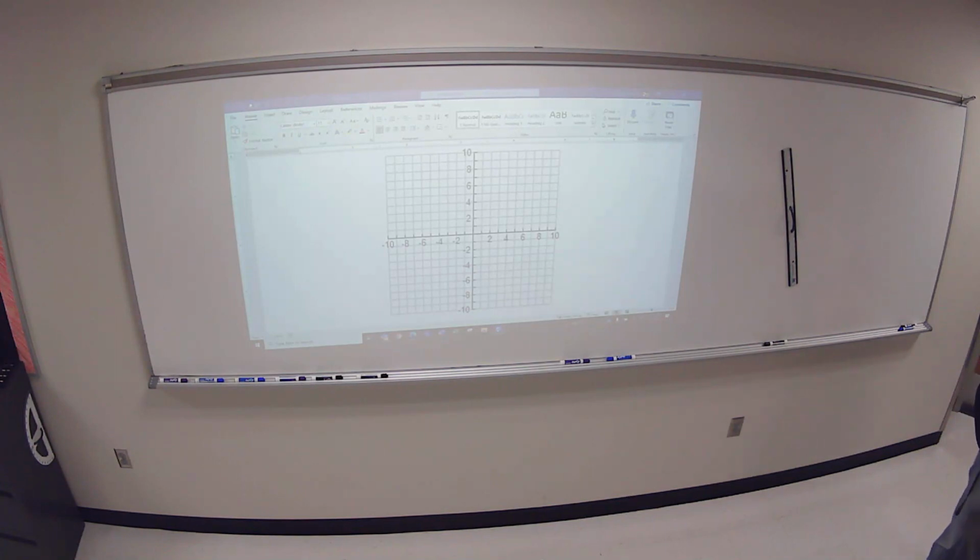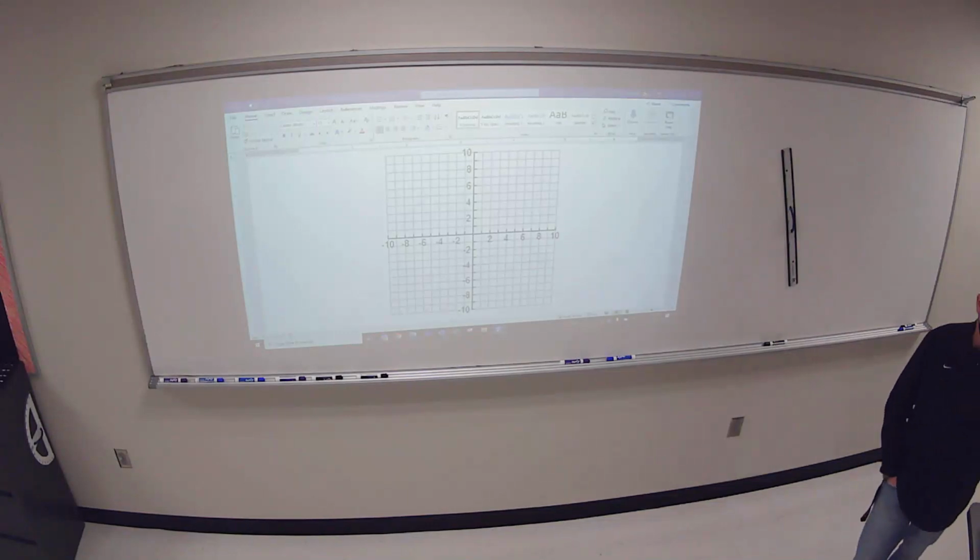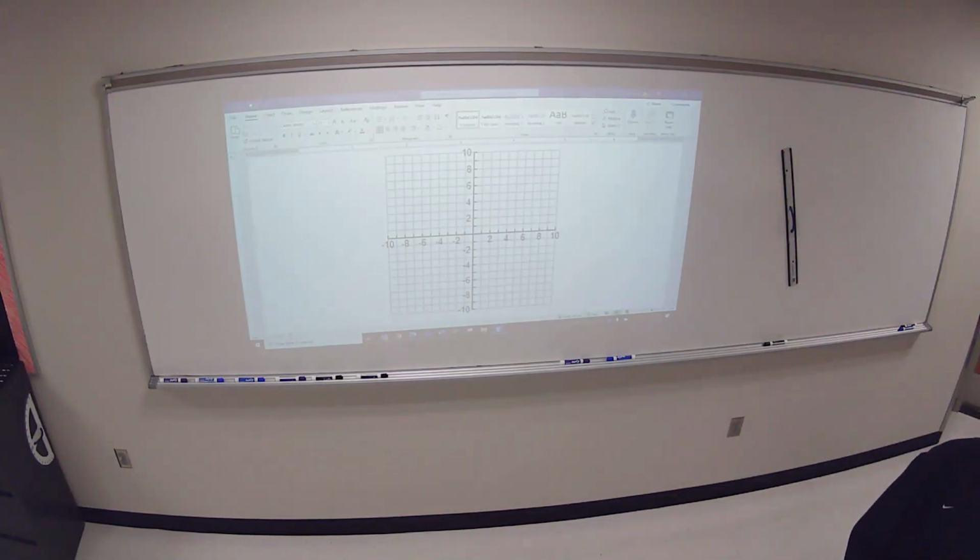Now, 3, 4, and 5. Here's something I tried to comment on as I was walking around. If I give this question on your assessment, and you give me an ordered pair, it's wrong. If you recall, your x-intercept is a number. It's the x-coordinate. Why don't we list it as an ordered pair? Because what do we already know the y-coordinate is? 0.